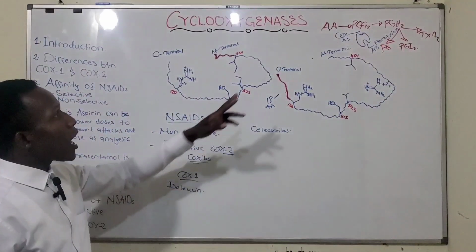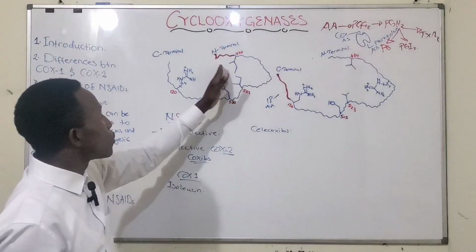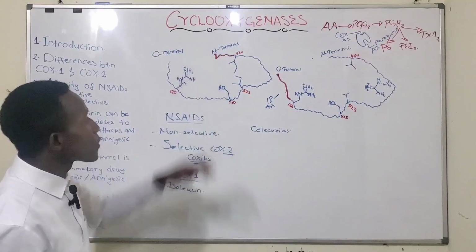So arachidonic acid should also bind to the COX enzyme.